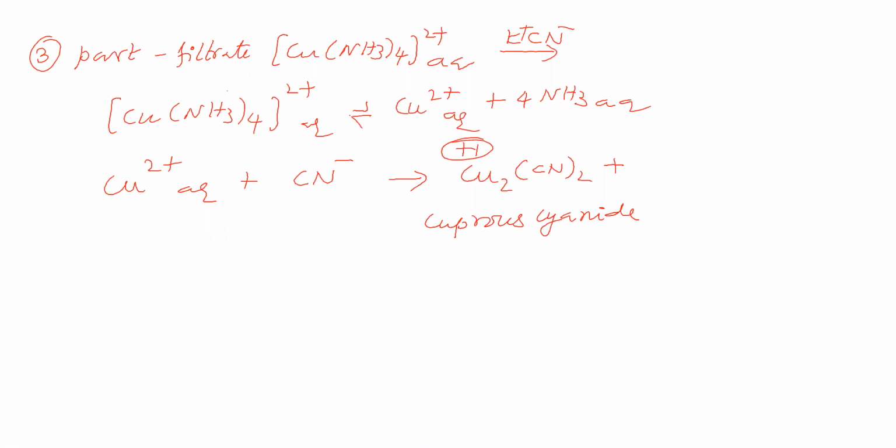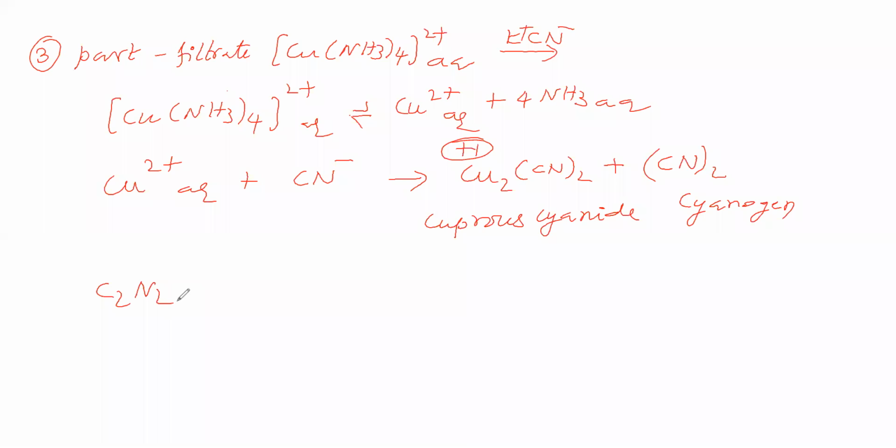Then this copper +2 is converting into +1. That means copper undergoes reduction. Cyanide undergoes oxidation to give cyanogen, that is C2N2.